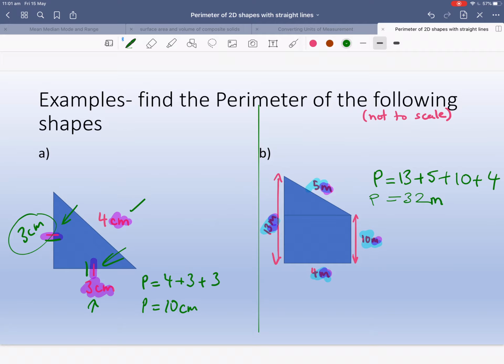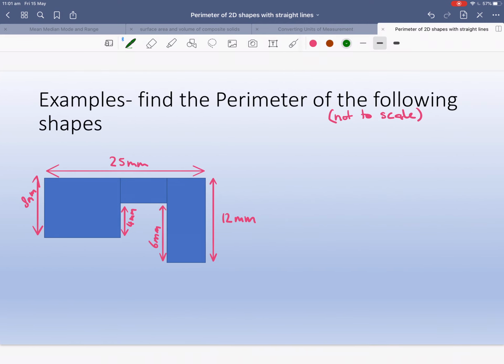Okay, let's go to the final example. Here we've got this weird shape, and we're going to add everything up. But there's a problem. Look, there is no number here in any of the ones that I've just highlighted. I'll highlight again. There's nothing there.